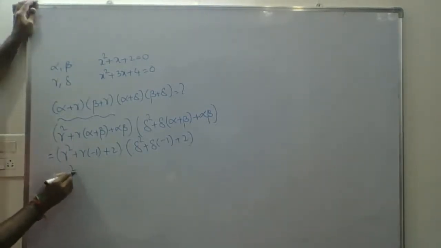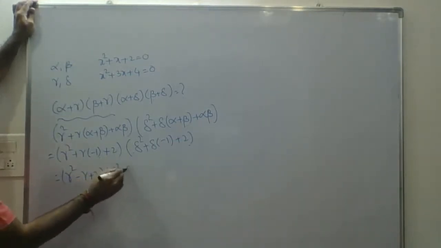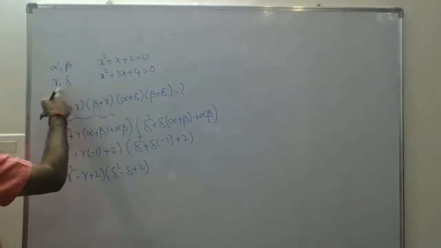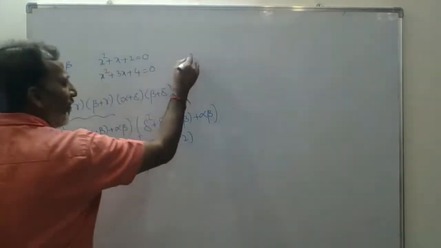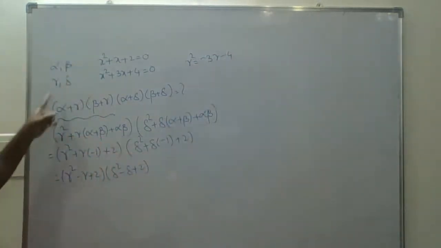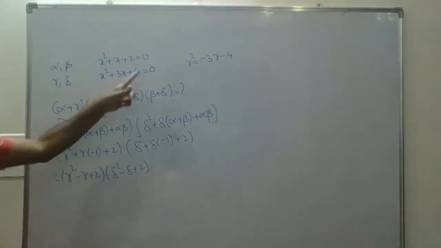That is gamma square minus gamma plus 2, delta square minus delta plus 2. Now how do we simplify this? Gamma and delta are the roots of this equation, so gamma square is minus 3 gamma minus 4. Gamma satisfies this equation, and similarly delta also satisfies this equation.